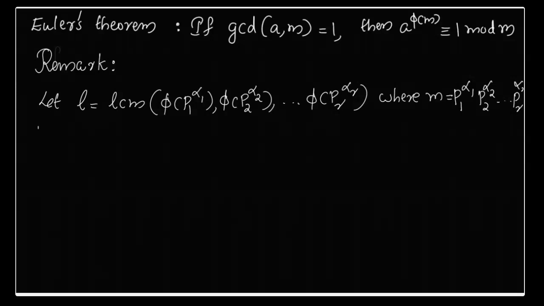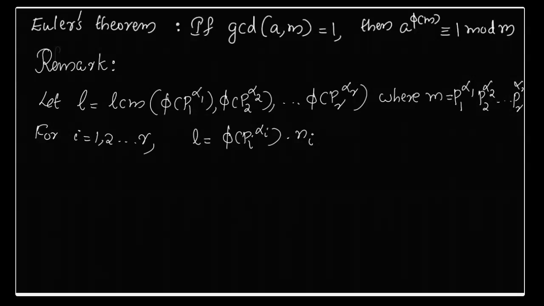So we can see that for I varying from 1 to r, L will be equal to phi of Pi raised to alpha I into some integer, say Ni, since L will be a multiple of each of these numbers. So there will exist some integer Ni satisfying this relation.